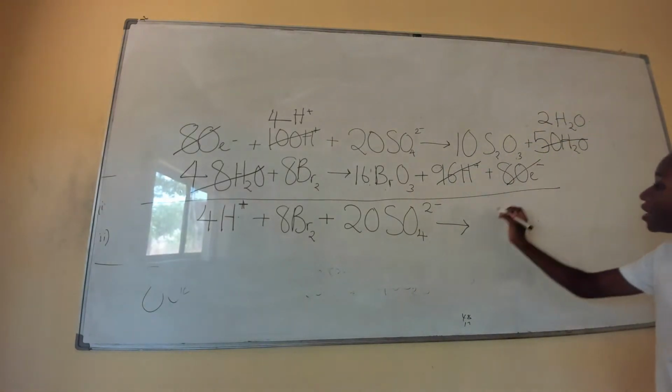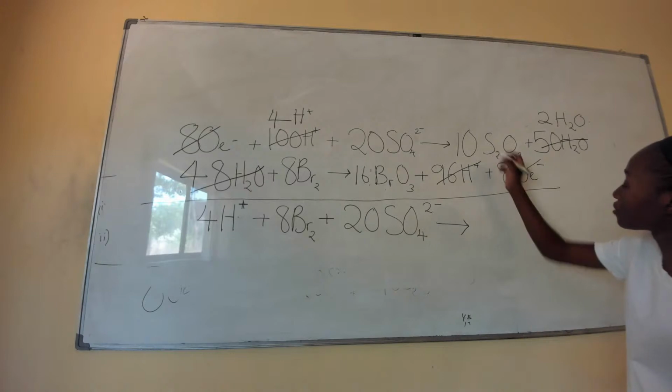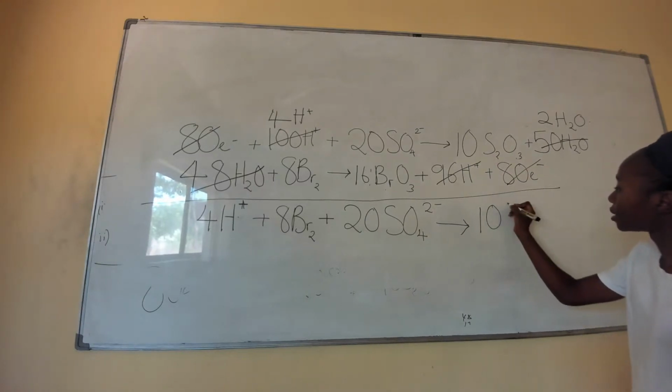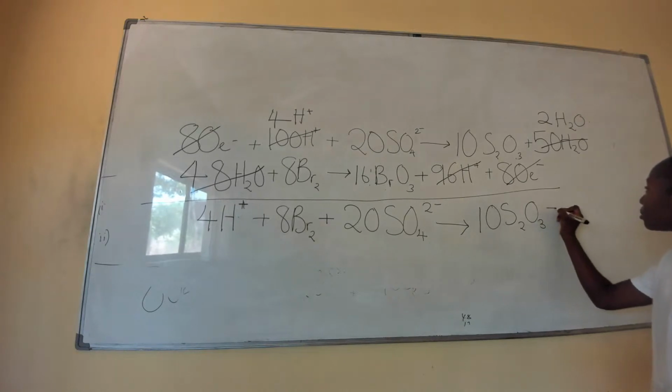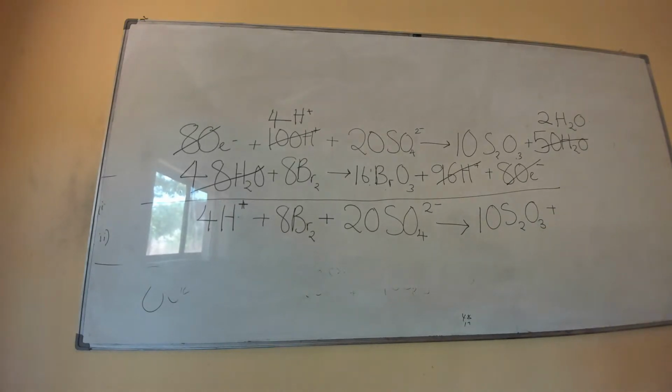Then we also have, this is then going to give us 10 S2O3 plus, we have 2 water molecules there. And then we also have 16 bromine oxide. So we have 16 BrO3 there.